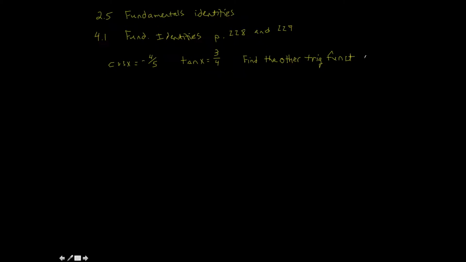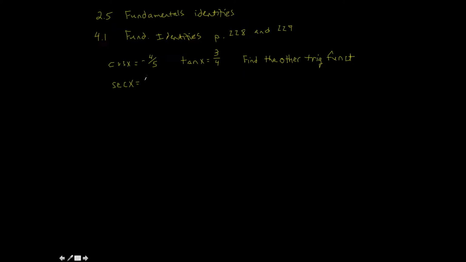Before, we had to do this a more complicated way, but identities are going to help you with this. First and foremost, let's get these out of the way. We can get secant x very easily because secant is the reciprocal of cosine. That's the reciprocal identity: secant is 1 over cosine.